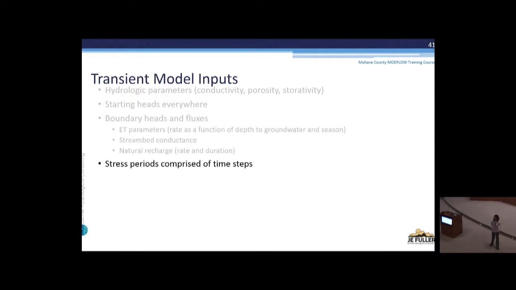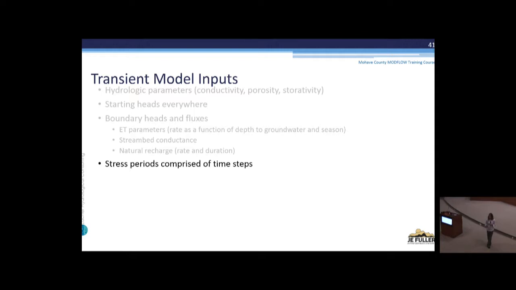You also have stress periods. So there has to be some time step in the model. Each stress period is comprised of various time steps. These are just the periods over which the model is solving these equations. So you have to put time into the model when you run transient. And the stress periods often reflect whatever management goals you're interested in and how your system behaves. You may want a seasonal time step.